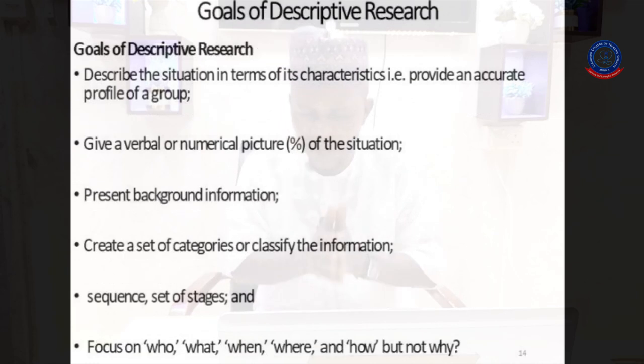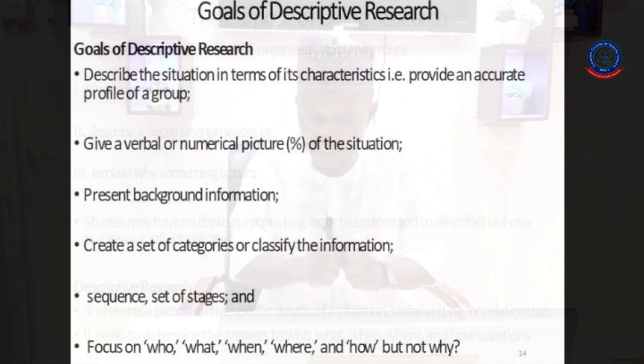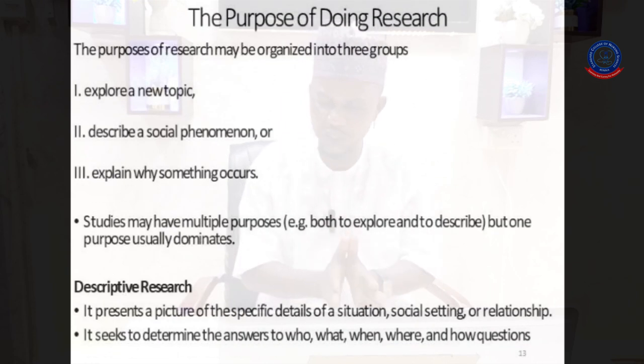Descriptive research presents a picture of how a situation is at a particular time, the social setting or relationship.